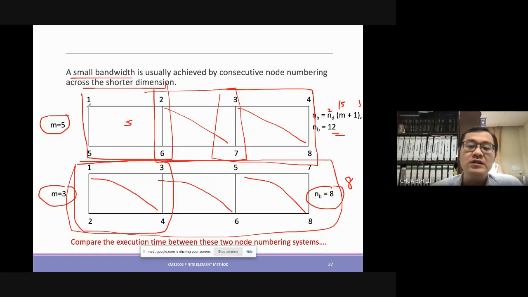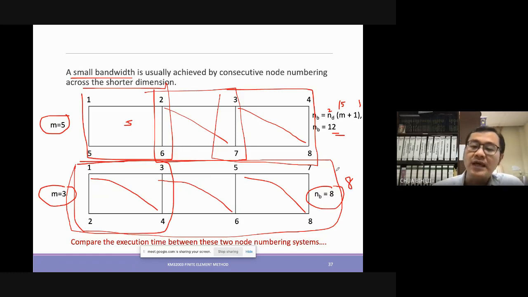So here is longer. If you put it this way, the semi-band will be higher, the NB will be higher, okay? But if you put the numbering in this sequence, in the shorter dimension, therefore your semi-band, or the bandwidth, will be smaller, right?